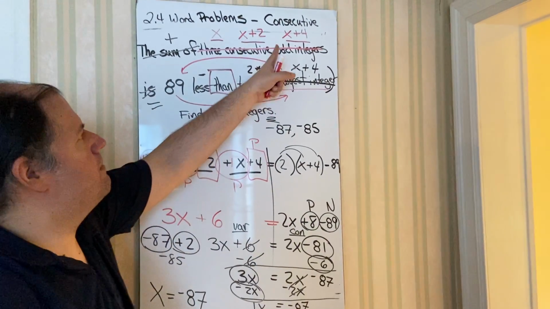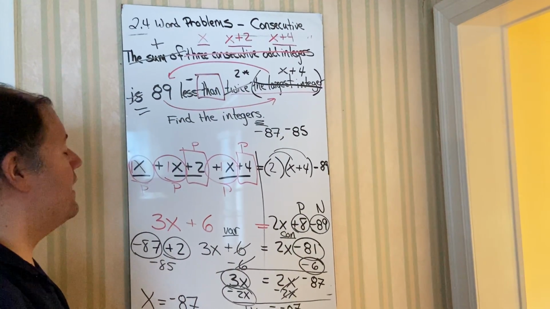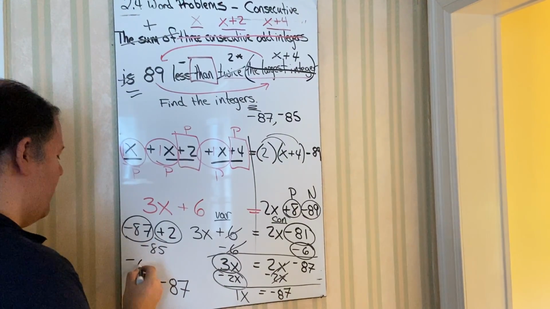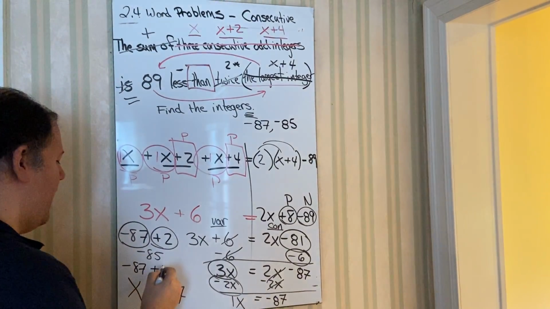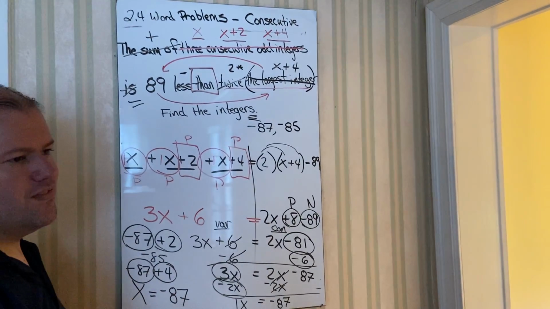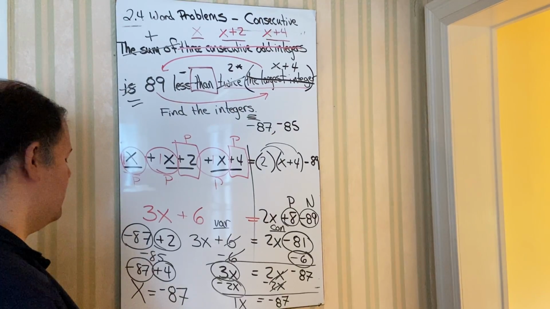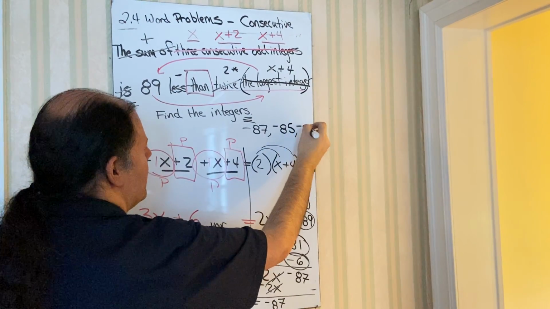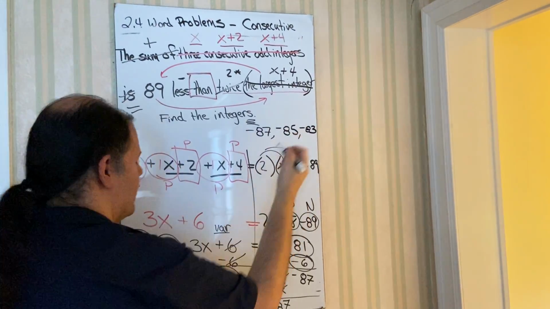To get the next one, we're going to have to add 4 to x. So take the 87, negative, but add a positive 4. Negative and a positive, you know we're going to subtract. So this is how we're going to get negative 83.